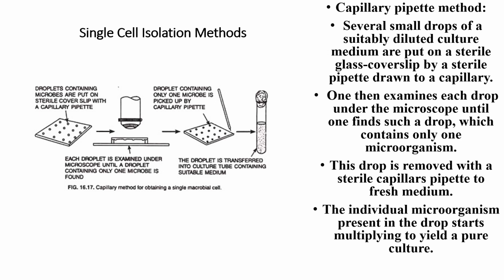We will talk about single cell isolation methods. These are advanced methods to isolate pure culture. First in this technique is the capillary pipette method. In this technique, several small drops of suitably diluted culture medium are put on a sterile glass cover slip by a sterile pipette drawn to a capillary.